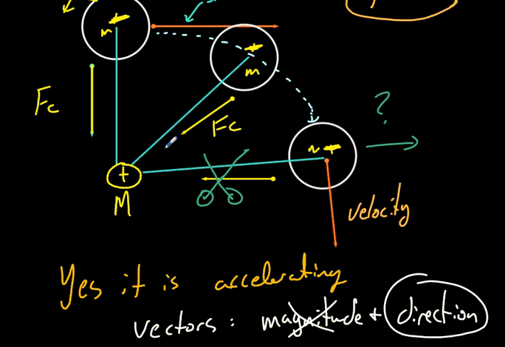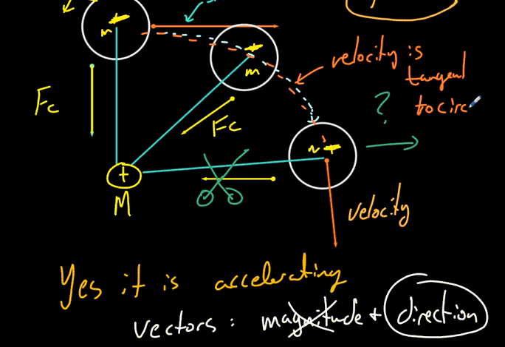The velocity is changing, just not the size of it. The direction of it is constantly changing. If you think about that, every split second, this velocity changes direction. And it's always, always, always tangent to the curved line. Velocity is tangent to the circular path.